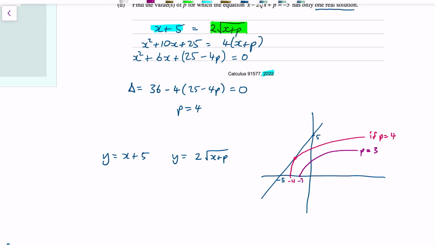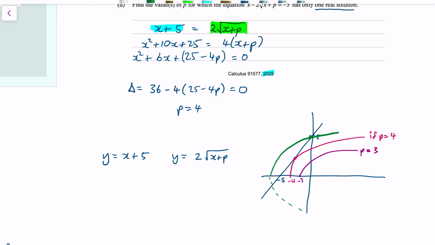But I could also have a case where the graph is on the other side, something like that. Now that only cuts at one position, it's not a tangent, but because the curve doesn't go below, and that's the key idea here, it stops at the x-axis because it's a positive square root graph.